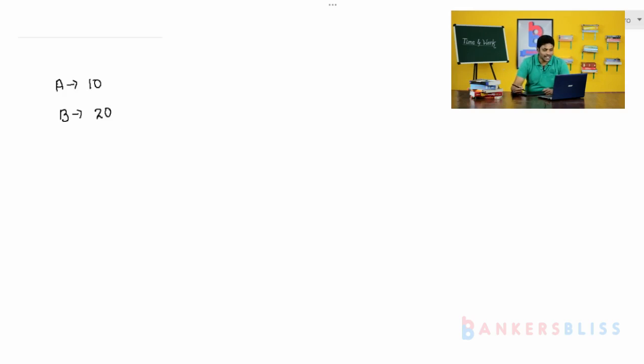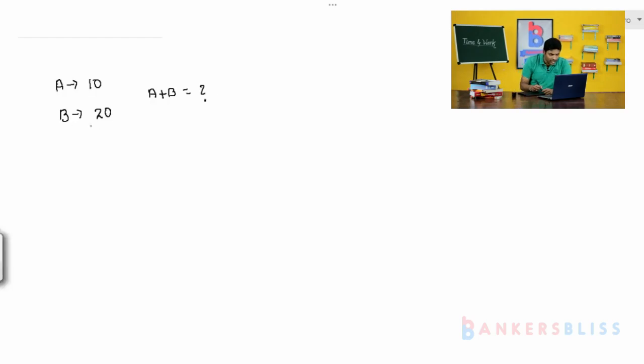A is taking 10 days and B is taking 20 days to do the same task. Now, if both of them work together, then how many days do they take to complete the same task?